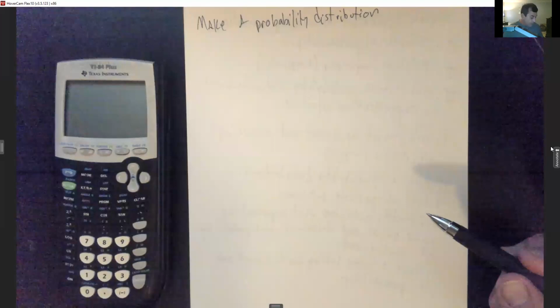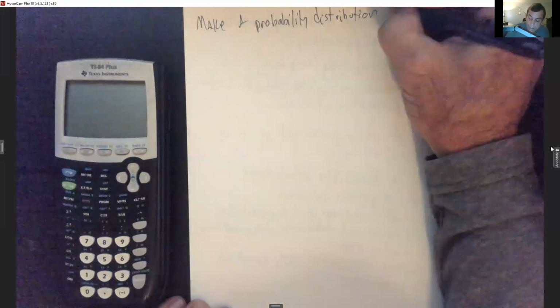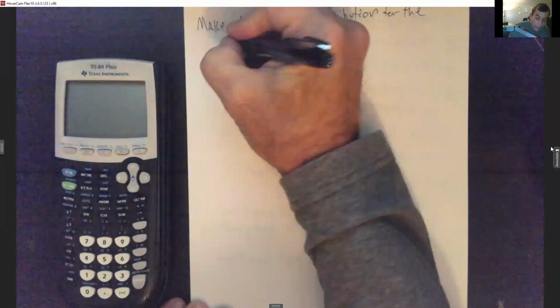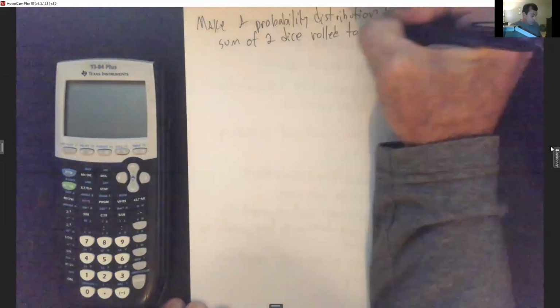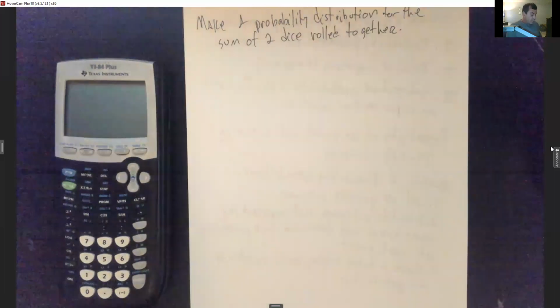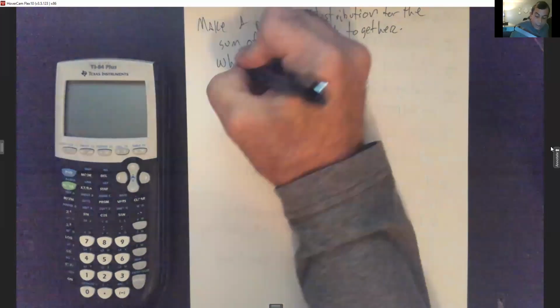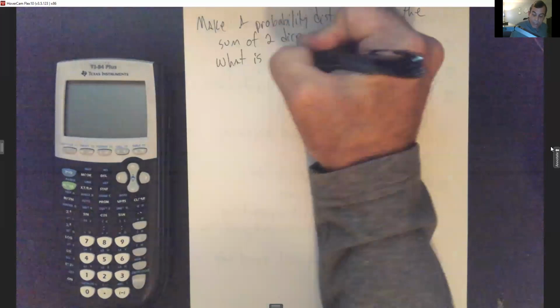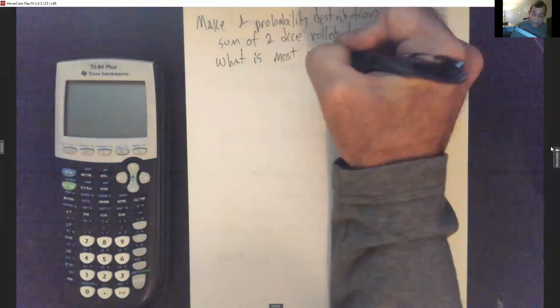Oh, let me see what that question was. I'm looking for a probability distribution for the sum of 2 dice rolled together. And then it says, what's the most probable sum?